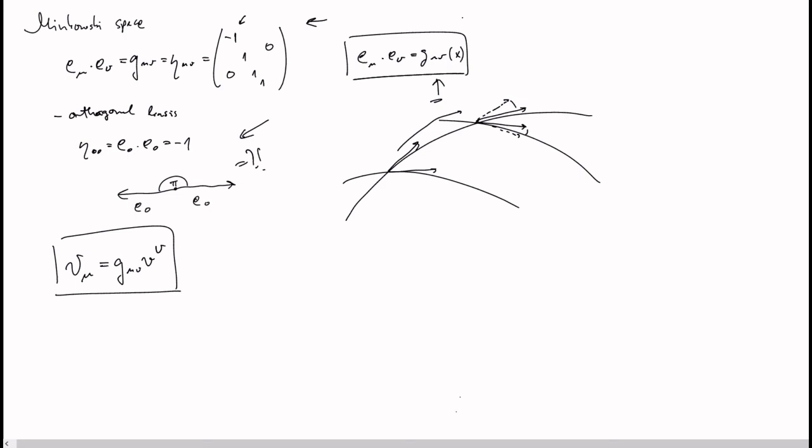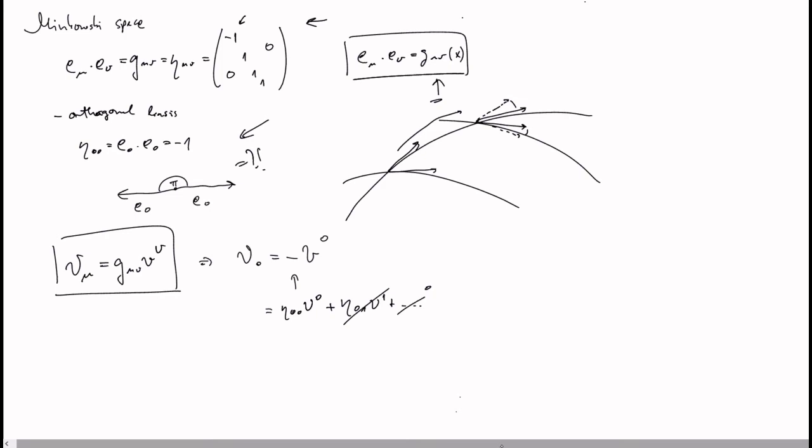Maybe one can do that for space components, but for the time component, we had that V_0 is equal to minus V^0. It's minus V^0 because there is this metric g_00, actually eta_00, there. Actually it should be eta_01 V^1 plus and so on, but all these other terms vanish because there are no cross terms in this metric.